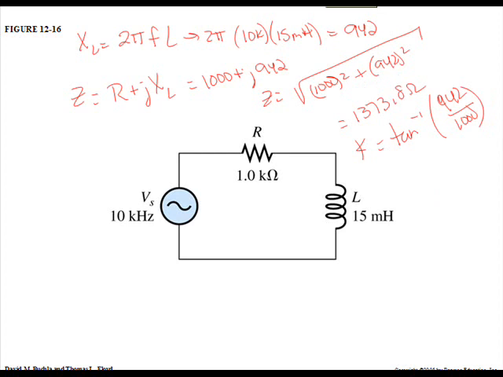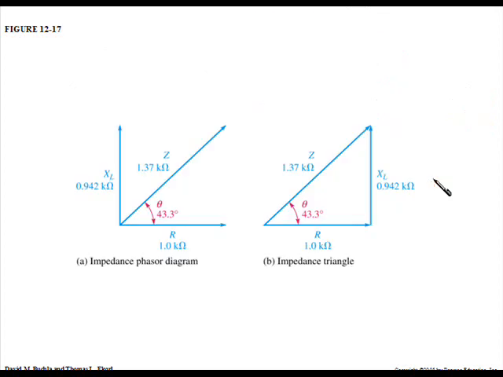So this is 942 divided by 1000, second function inverse tangent, 43.28 degrees. Okay, and there's our impedance triangle: the resistance, the Z, there's XL, 942, and there's our angle.